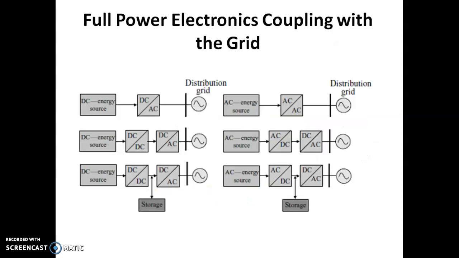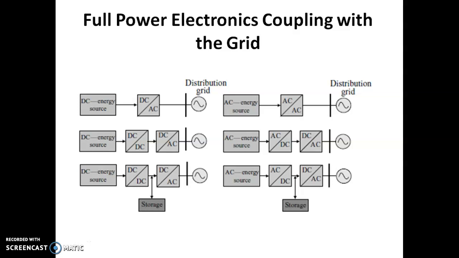Next is full power electronic coupling with the grid. You can see this is a DC source, then a DC to AC converter, and the output is given to the grid. What is the task of this full power electronic converter?